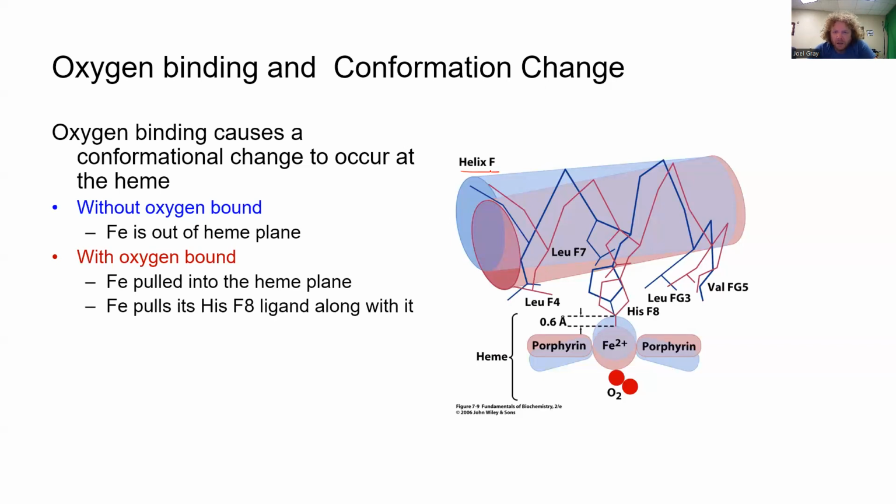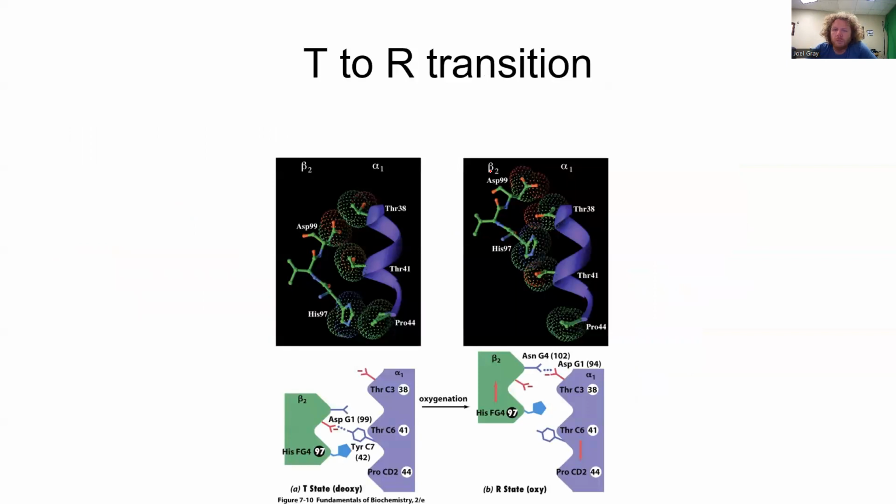That iron pulls along that histidine residue in that helix. So it's almost like a domino effect: iron binds to oxygen, but iron is also bound to the histidine. And so as it binds to the oxygen, it pulls the histidine along with it. Now, those are minor, subtle differences there.